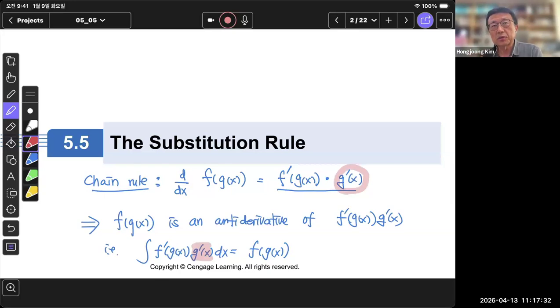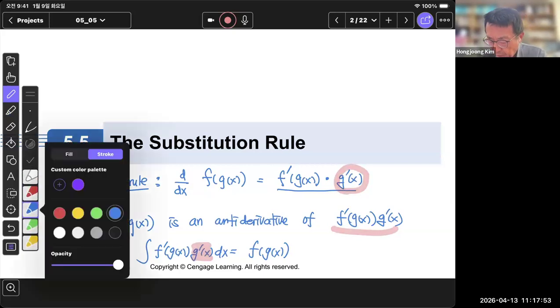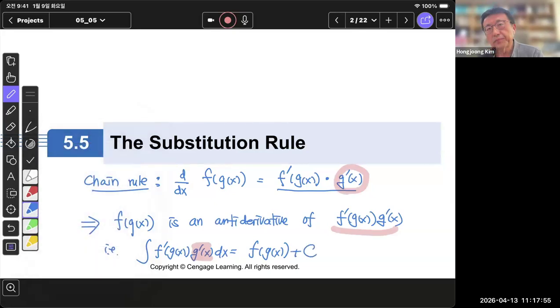That follows. So F of g of x is an antiderivative of this product. So the indefinite integral of F prime of g of x times g prime of x dx is F of g of x. Of course, I need a constant though. Okay, so this is important.